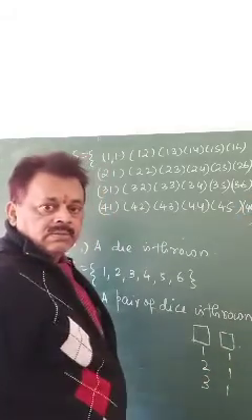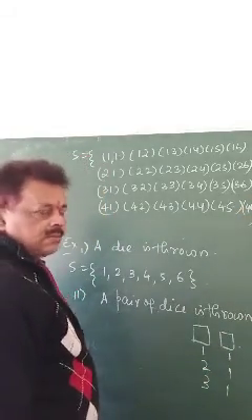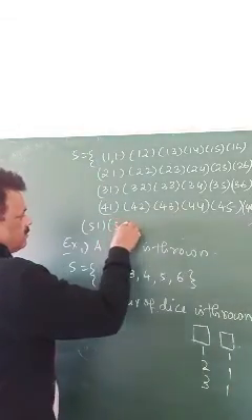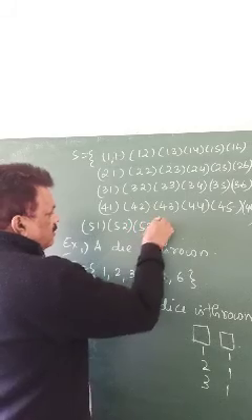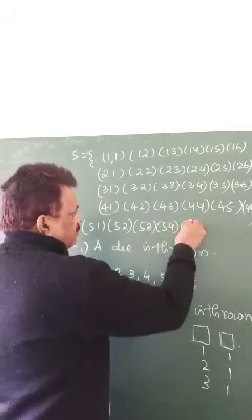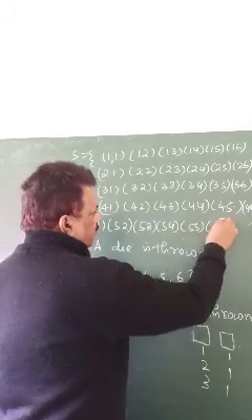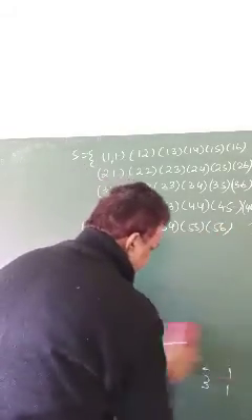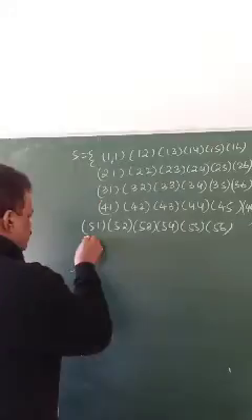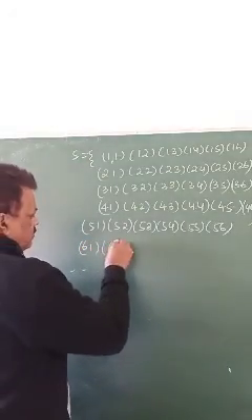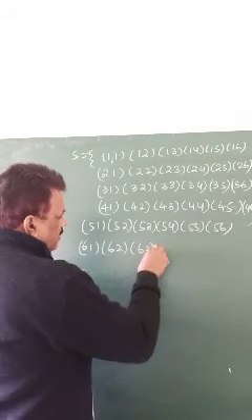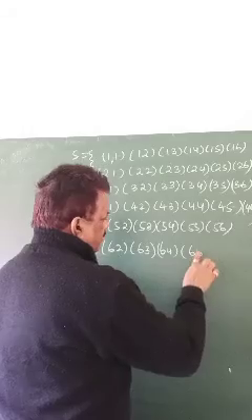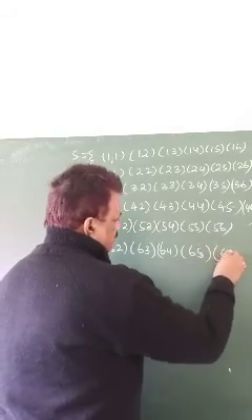Then 5, 1, 5, 2, 5, 3, 5, 4, 5, 5, 5, 6. Then can be 6: 6, 1, 6, 2, 6, 3, 6, 4, 6, 5, 6, 6.